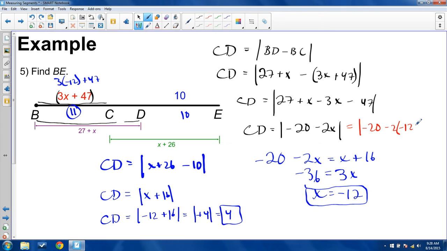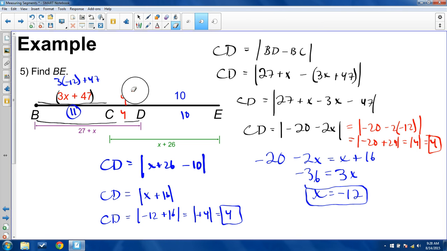So minus 2 times negative 12. So we'll get negative 20 plus 24, which is absolute value of 4, which is 4. So either way, you get 4. We're in good shape there. So CD is 4. So I'll write 4 down here.